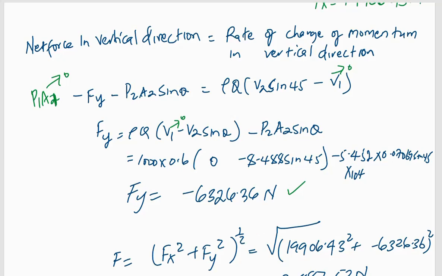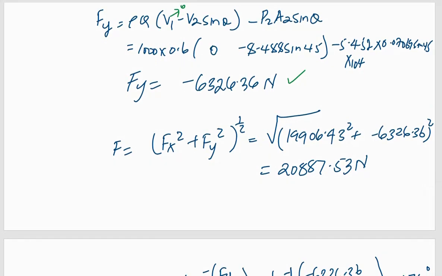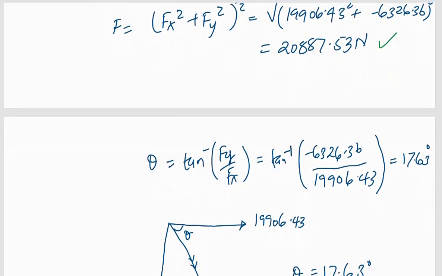Therefore, if we use the parallelogram law of forces or Pythagoras theorem, we find that F is equal to Fx squared plus Fy squared under root, and our value of F is equal to 20887.53 newtons.